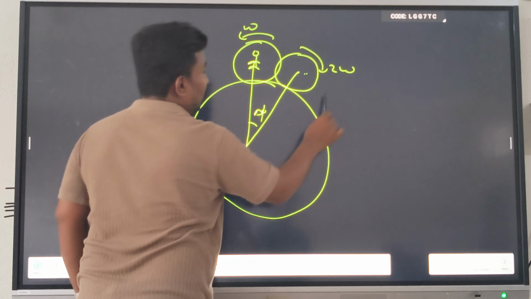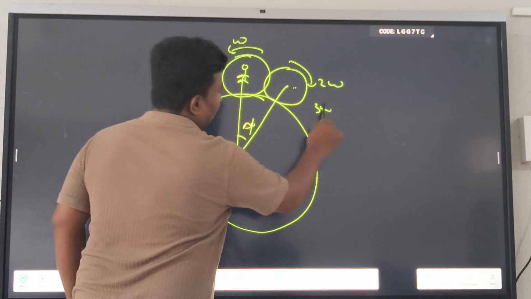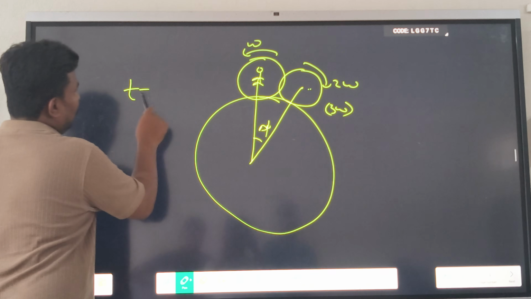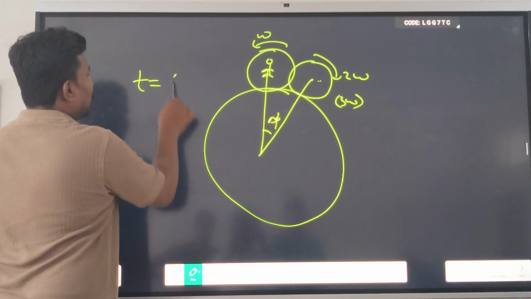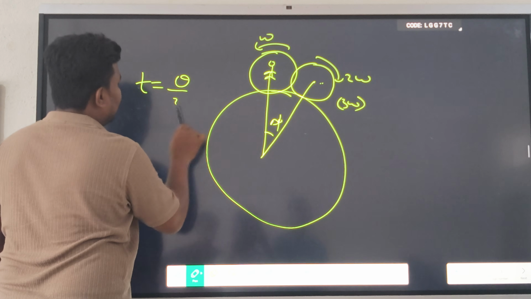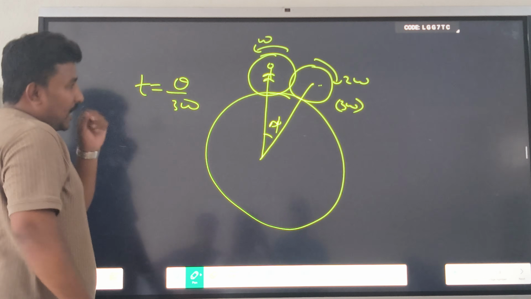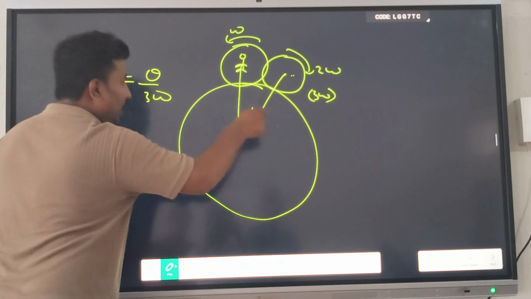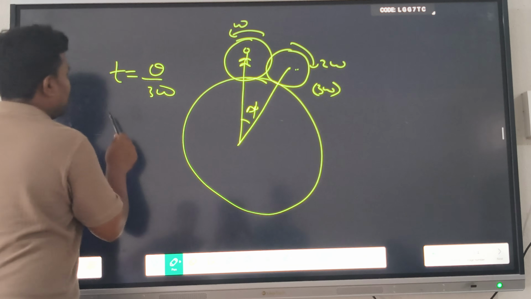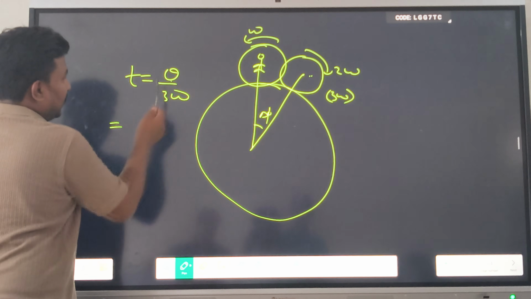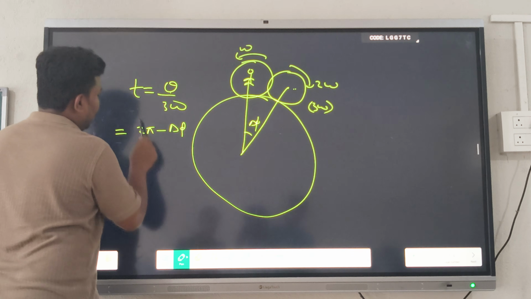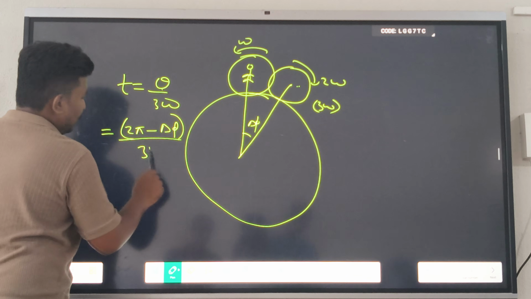So the relative velocity will be 3 omega. Time will be the total angle rotated divided by the relative speed, that is 3 omega. If the initial gap was not there, the angle would be 2 pi, but there is a delta phi initially. So my answer will be the time is 2 pi minus delta phi divided by 3 omega.